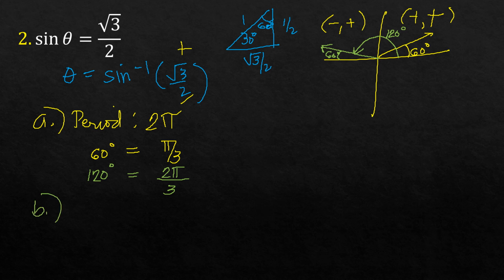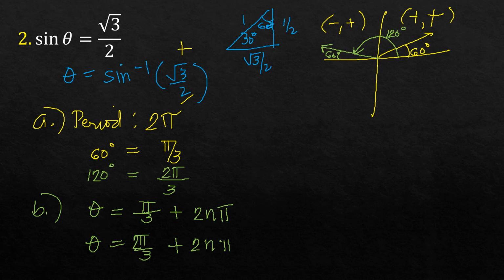The general solution will now be theta is equal to pi over 3 plus 2n pi. The other is 2 pi over 3 plus 2n pi. So you see the importance of reference angles and coterminal angles in the generation of the general solution of the problem.